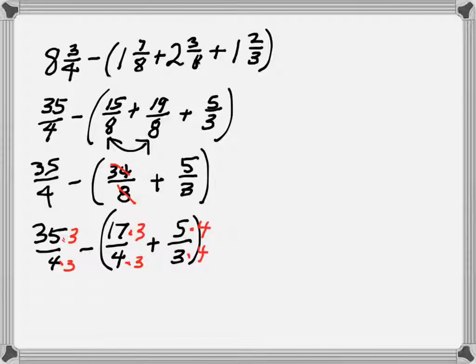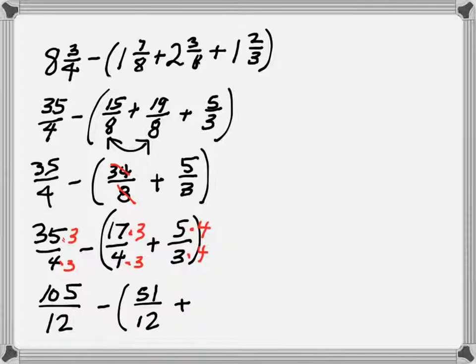And somebody besides Brendan, do 35 times 3 for me. 105, good. Because I knew Brendan would do it in his head for me already. 105 over 4. What's 17 times 3? 51 over 12.